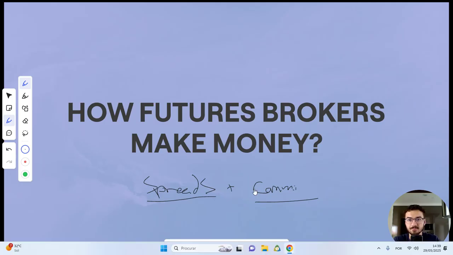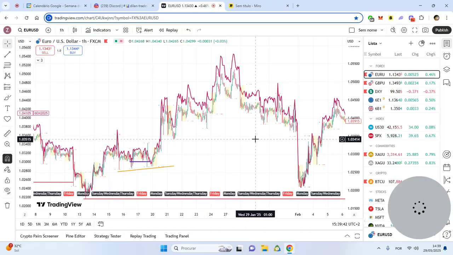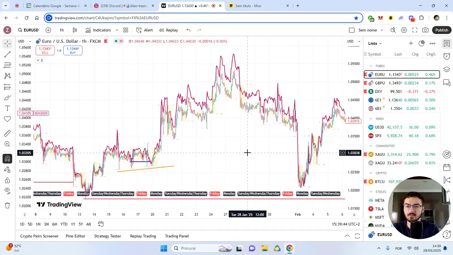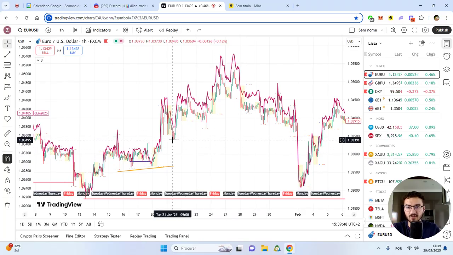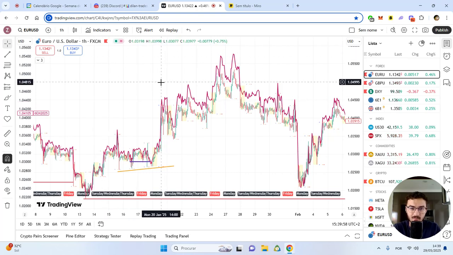And now we're gonna have a look at USD and the futures charts. And as you can see, we have the futures on candles, and no, sorry, you have the USD of CFD broker of FXCM.